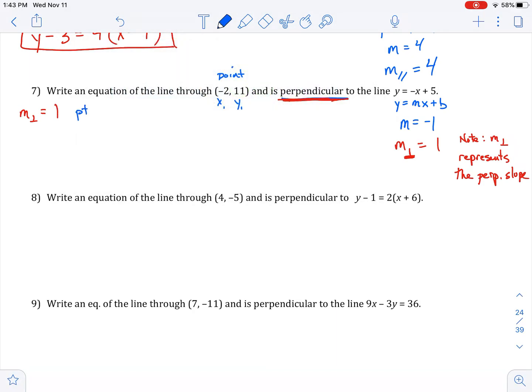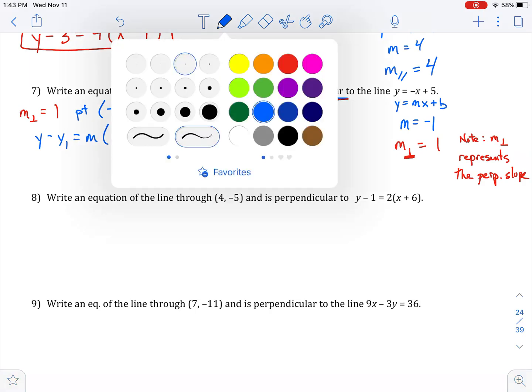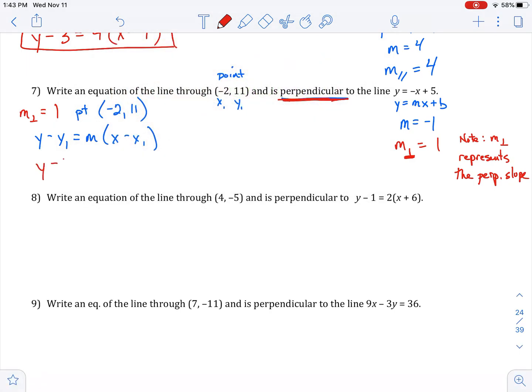I have a point, which was -2, 11. And as I write this in point slope form, I don't get confused on which slope I should be using. Here's a y-coordinate, equals 1 times, this is x, minus that x-coordinate, which is y minus 11 equals 1 times x plus 2.